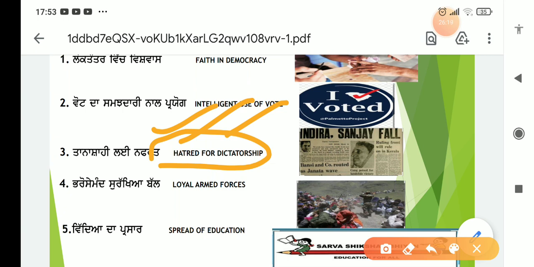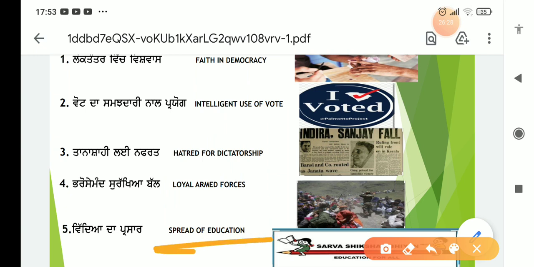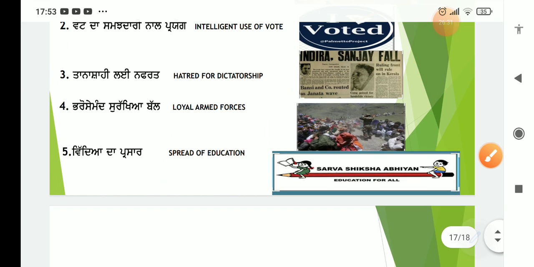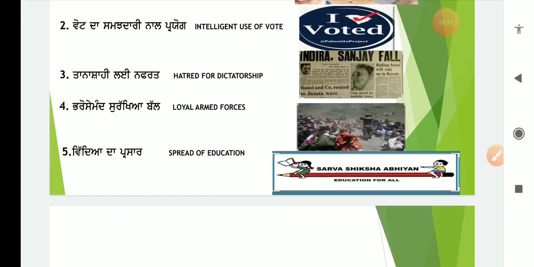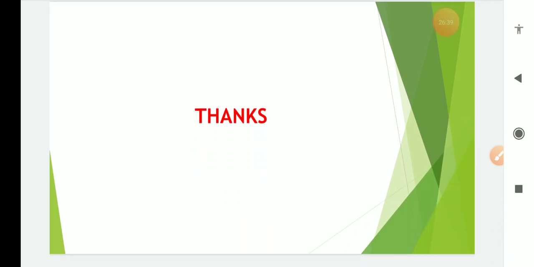Then we need to have loyal armed forces. Then spread of education. If we are able to develop these factors further, Indian democracy is safe, its future is safe.